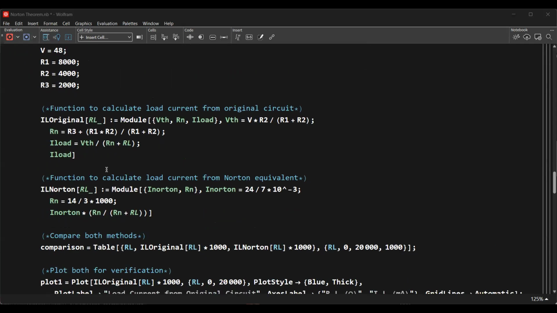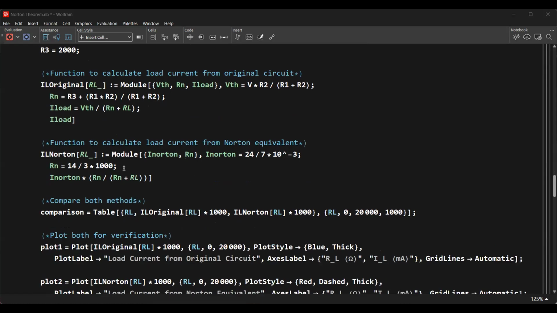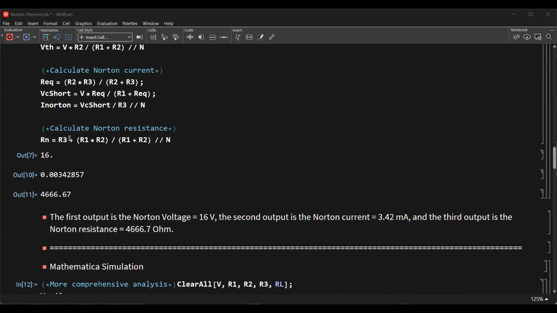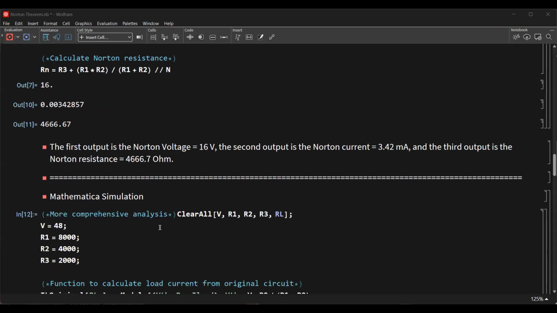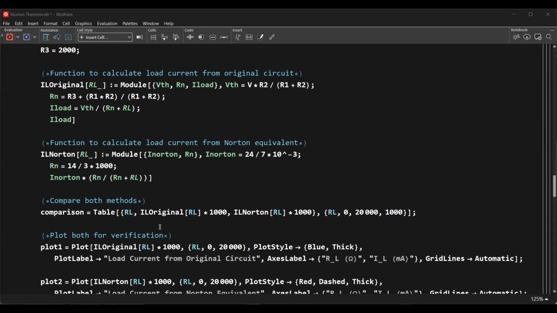And the Norton resistance is 4,666.7 ohms. The load current from the Norton circuit is IN times RN over the sum of RN and RL.